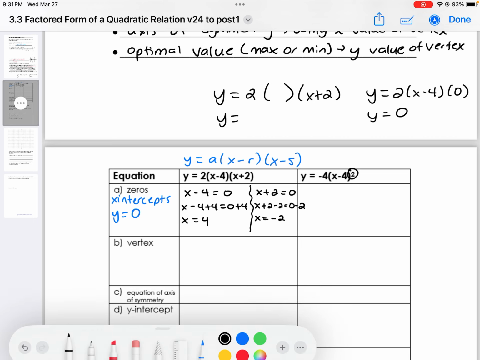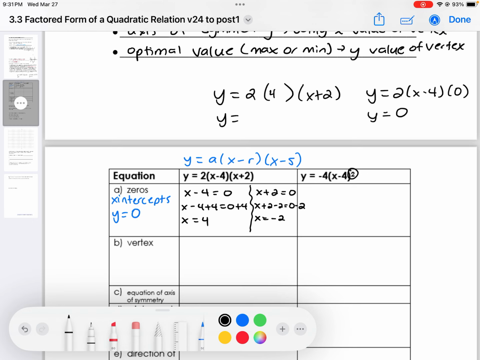Okay, so if x is 4, 4 minus 4 is 0. 2 times 0, no matter what the other x value is, once you're multiplied by 0, you're going to get 0. Same thing is true over here.